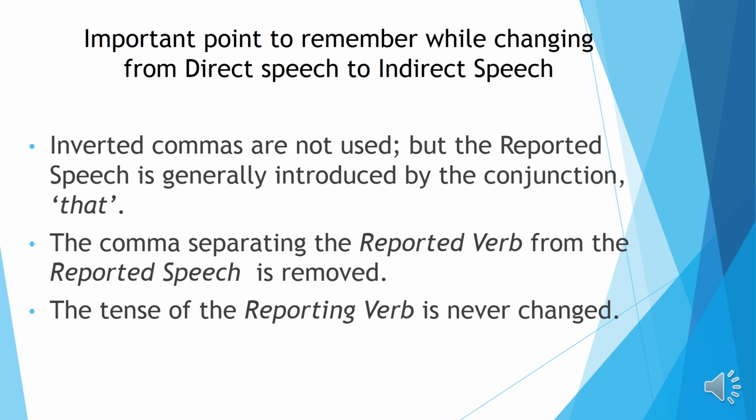So, instead of using a comma, we use the word "that". Next point, the comma separating the reporting verb from the reported speech is removed. Next, the tense of the reporting verb is never changed. So, the tense of the reporting verb, he said, she said, all those words, will never change because they are verbs.